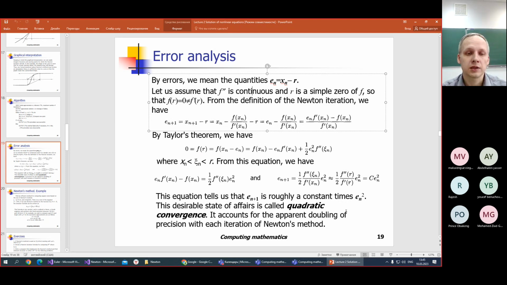By Taylor's theorem, we have that f of r equals 0 on the one hand, because r is a root, and on the other hand, it equals f of xn minus En, that we can write as f of xn minus En f prime of xn.